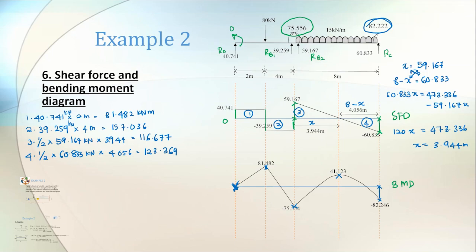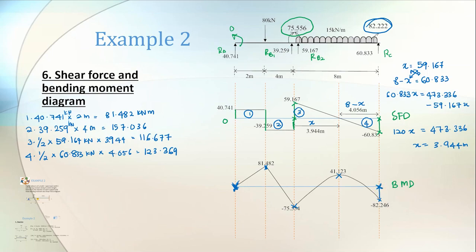Especially when we calculate the value of x here. So here we also round up or round down some values. That's why we don't get exactly zero here. But this is acceptable because the difference is small, around 0.024. So supposedly it ends at zero.